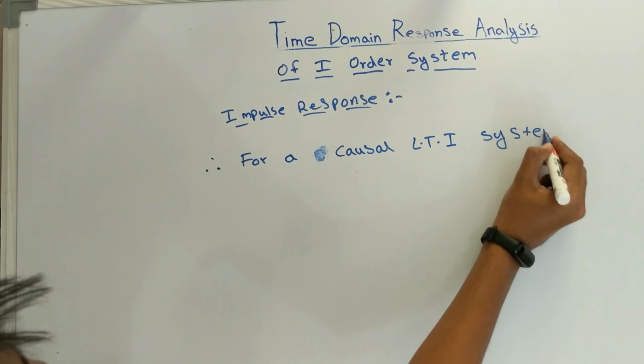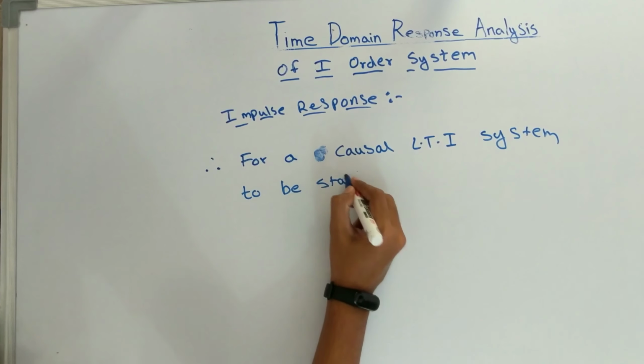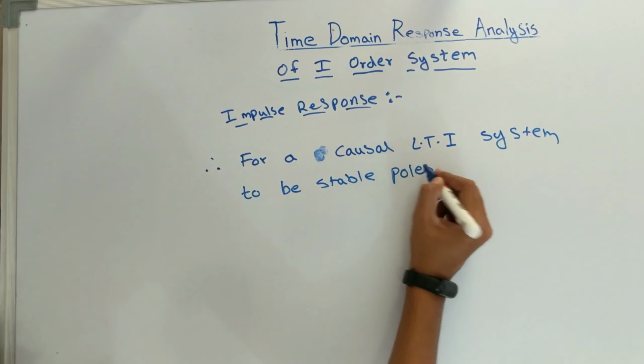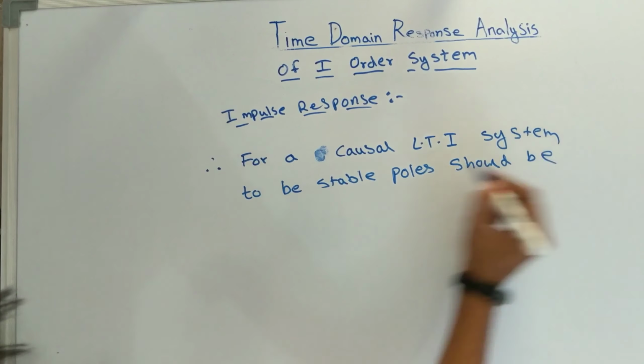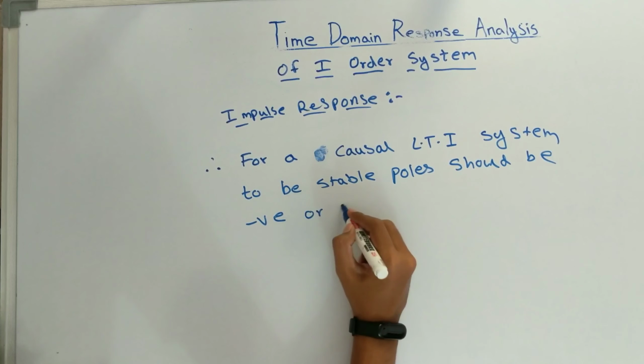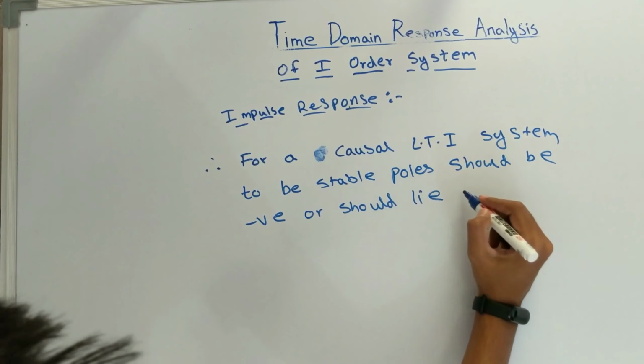Therefore, note this: for a causal LTI system to be stable, closed loop poles should be negative, or should lie on the LHS of the s-plane.